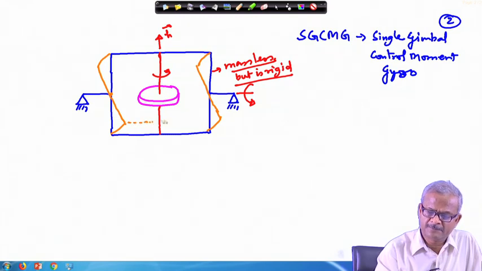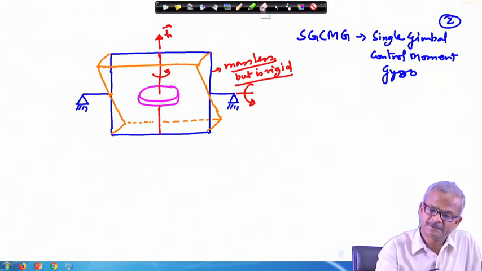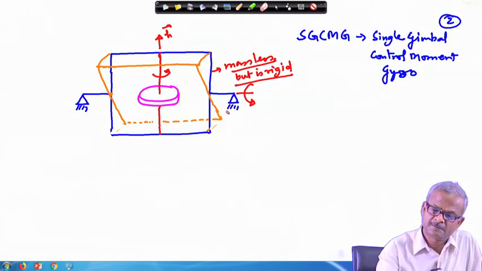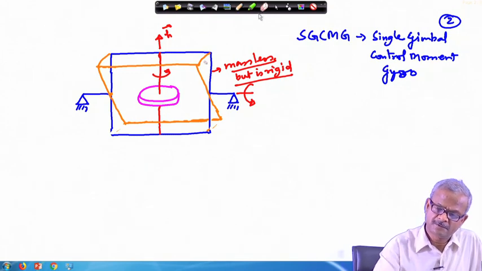So, this is the part which is inside here, this is the part which is coming outside. And there is a break I am showing, that it is going from the back.